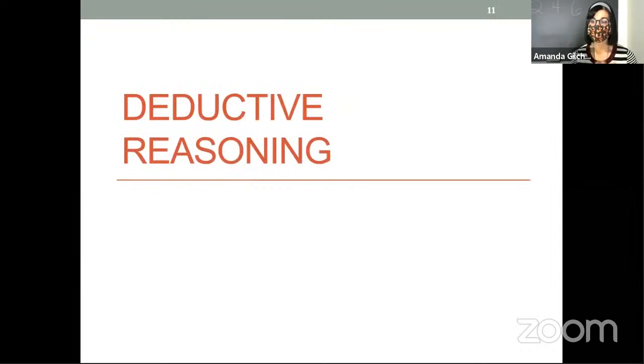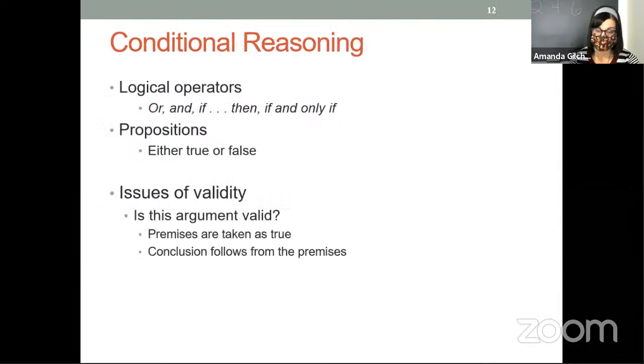So now we're going to talk about deductive reasoning. And this is where it gets a little bit more complicated. Deductive reasoning is often going to be based on some logical operators via conditional reasoning.